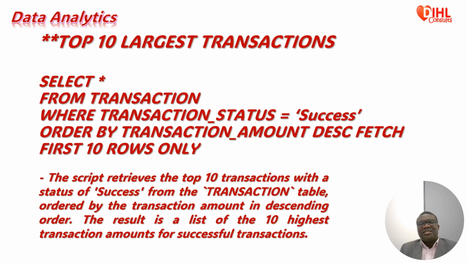So the script retrieved the top 10 transactions with a status of success from the transaction table, ordered by the transaction amount in descending order. The result is a list of the 10 highest transaction amounts for successful transactions.